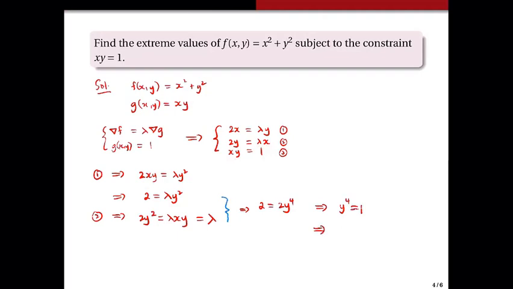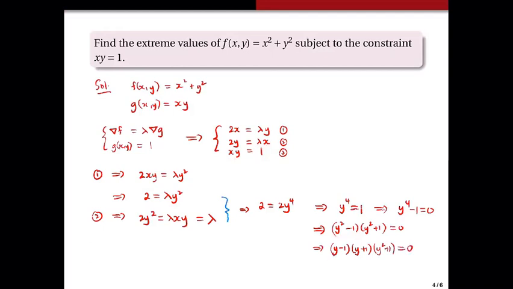And what does this mean? We can factor. We can rewrite this as y to the 4 minus 1 equals 0. So we will have y squared minus 1 times y squared plus 1 equals 0. And then y minus 1 times y plus 1 times y squared plus 1 equals 0.